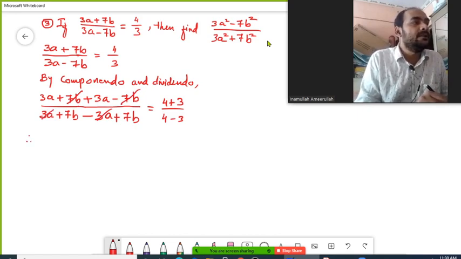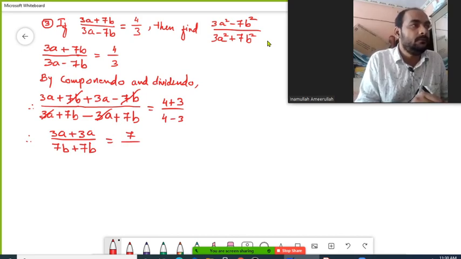So this can be written as (3a + 3a)/(7b + 7b) equals (4 + 3)/(4 - 3), that is 7 upon 1. Now 3 + 3 will give me 6a upon 7 + 7, that is 14b.